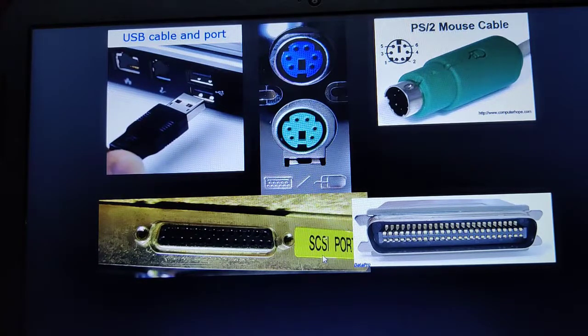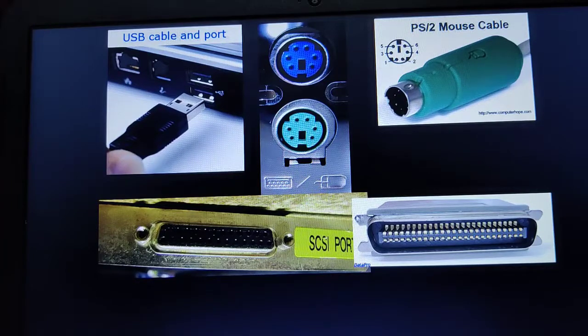Moving on to the next one, that is the SCSI port. SCSI actually stands for small computer system interface port. Usually this SCSI port helps us to connect very high-end hard disk drives, high-end scanners, or CD-ROM drives, the high-end external devices.